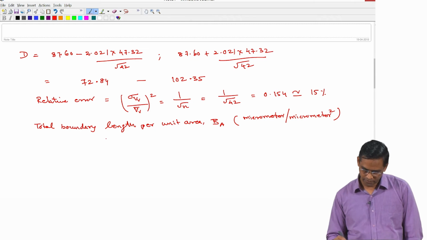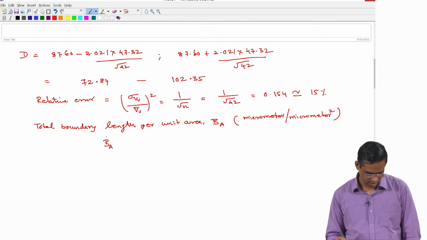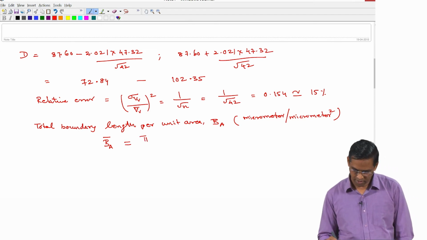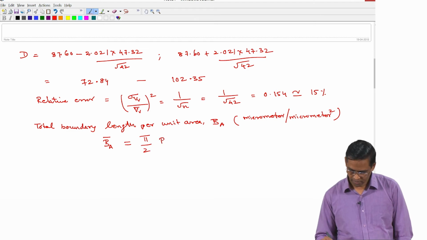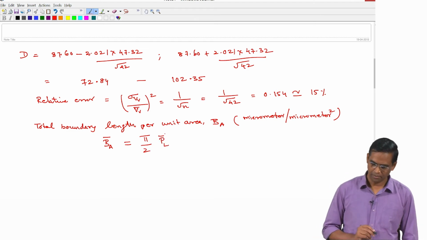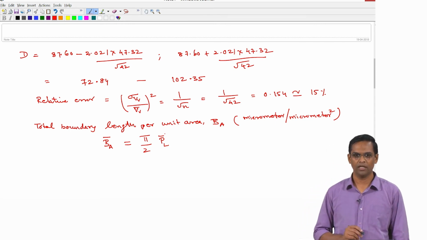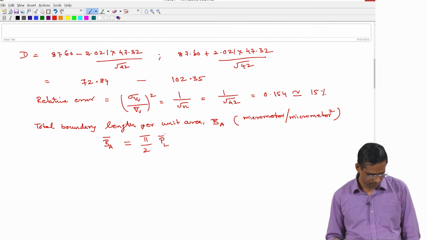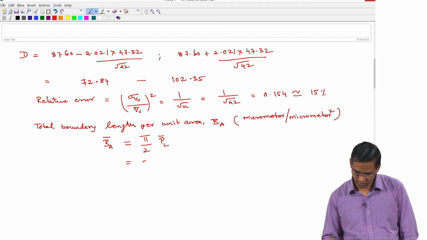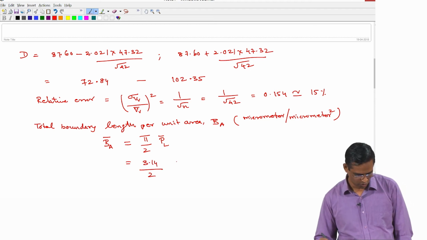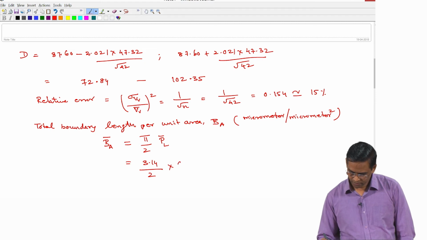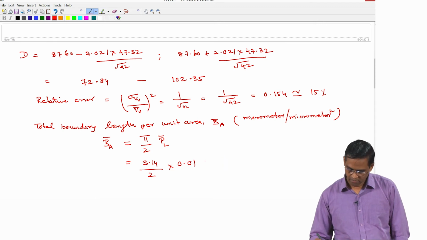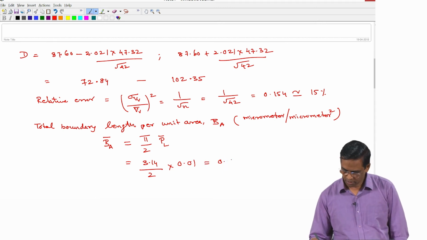From the relation we know that the average BA can be given by pi by 2 times the average PL. We have estimated PL already, so you can just substitute: 3.14 divided by 2 into 0.01, which is what we have calculated as the average PL, which comes out to be 0.0157.